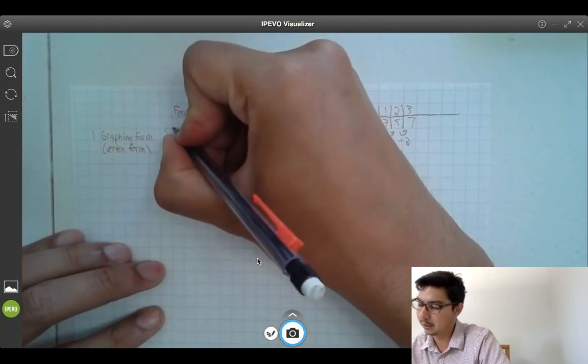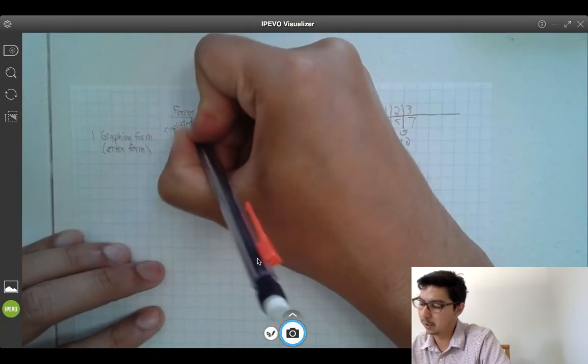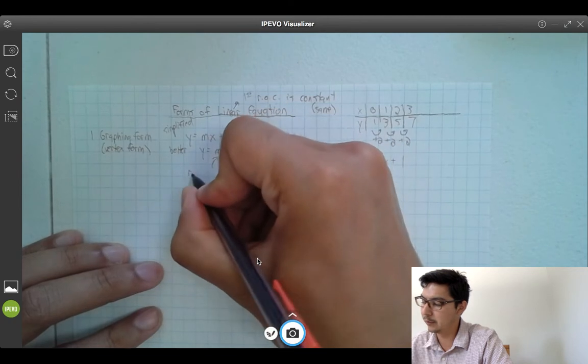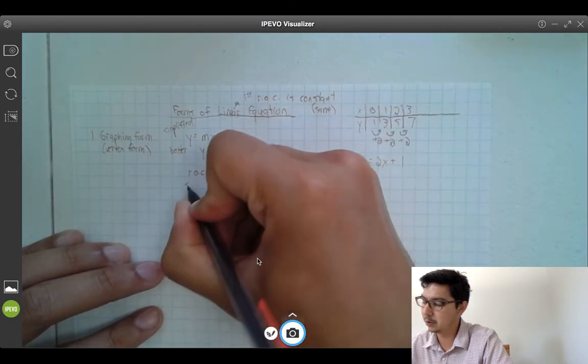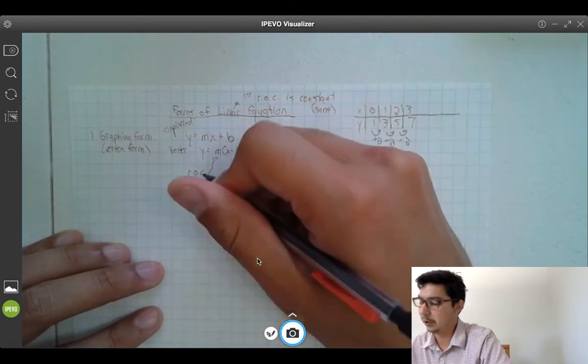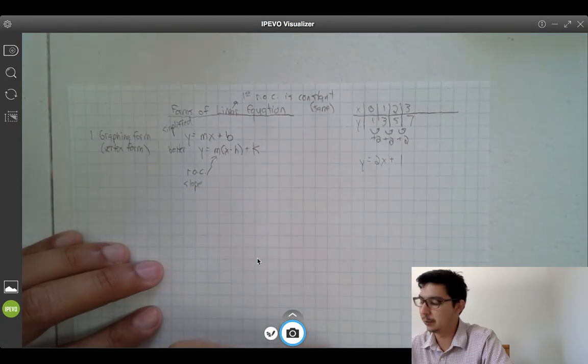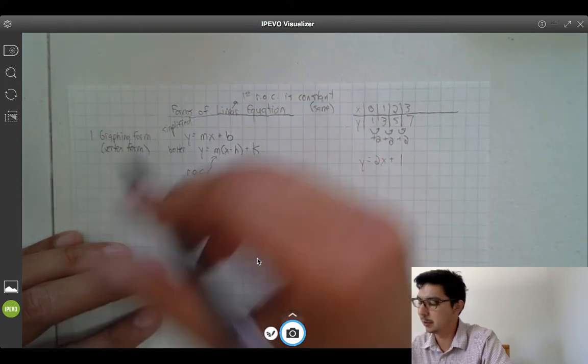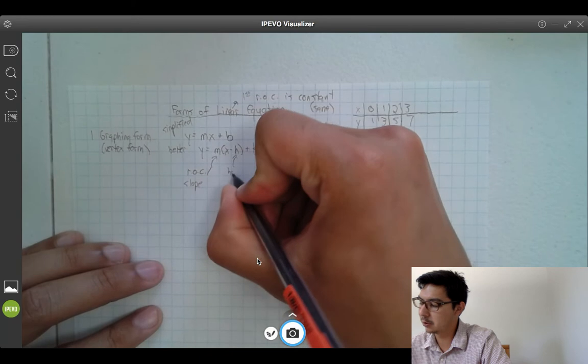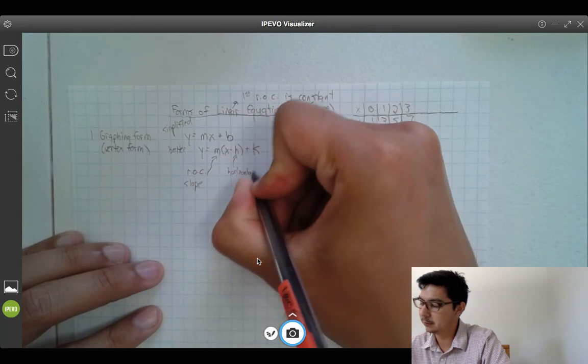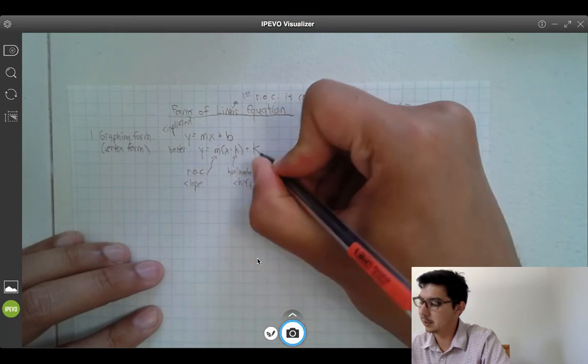This is the simplified, where m is your rate of change or your slope. Make sure you start to understand that the interchangeability of those two words means the same thing. And h is your horizontal shift, and k is the vertical shift.